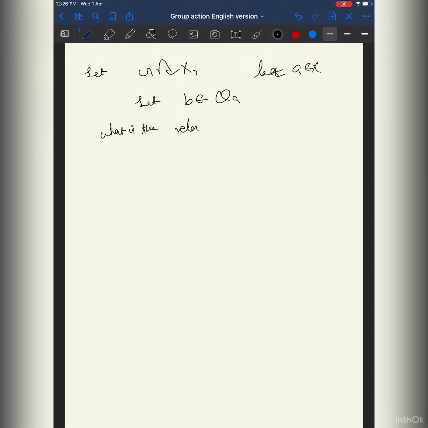What is the relation between the stabilizer of a and the stabilizer of b? Because a is related to b by g, right? So there must be something. So the claim is simple. Let's see.